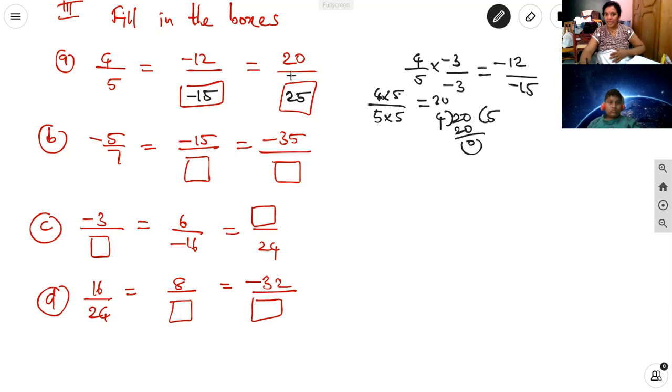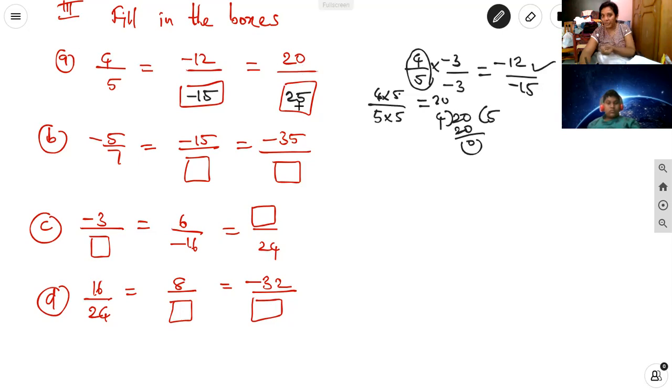Now these three are equivalent fractions. If the fractions are equal to one another, when we multiply 4 by 5 with minus 3 and minus 3, we get minus 12 by minus 15. So the standard form of minus 12 by minus 15 is 4 by 5 only. 20 by 25 standard form is also 4 by 5 only.